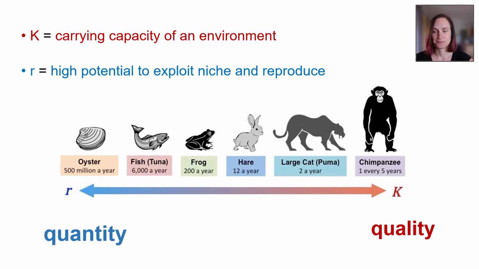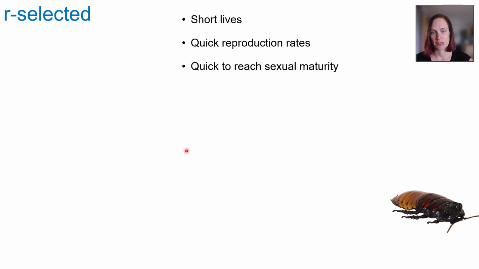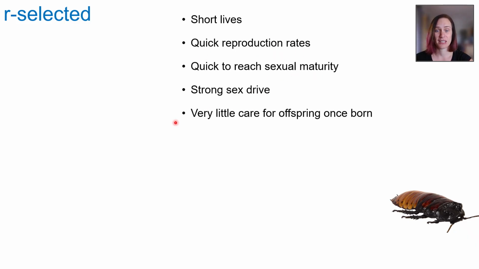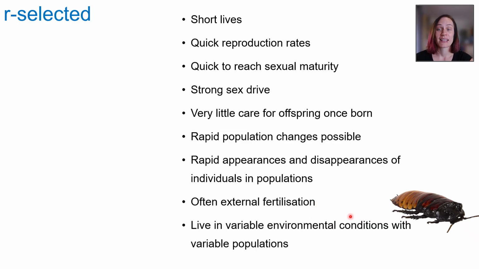So organisms which are R-selected favour the biotic potential end of the spectrum. They have short lives, they turn around babies pretty quickly, and they reach sexual maturity pretty quickly because they have to have all those babies. They have a very strong sex drive, but they give very little care once those offspring are born, right? Rapid population changes, they come and go as quickly as possible, and we're talking external fertilization.